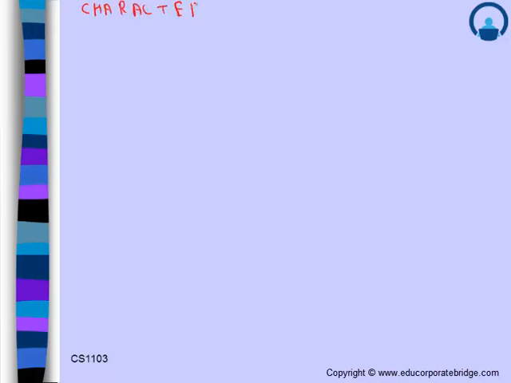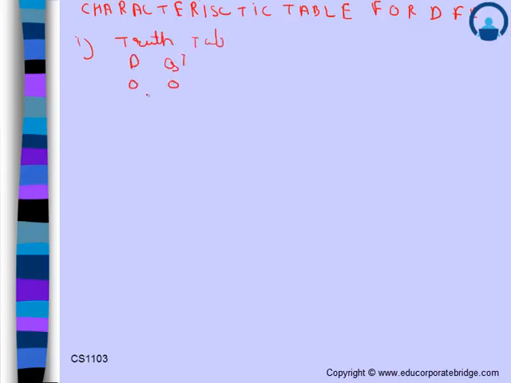Characteristic table for D flip-flops. So first step is start with the truth table. D, Q plus. When D is 0, output is 0. When D is 1, output is 1. This is the truth table for it.